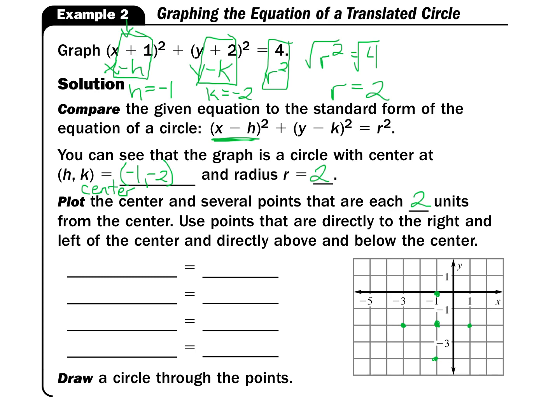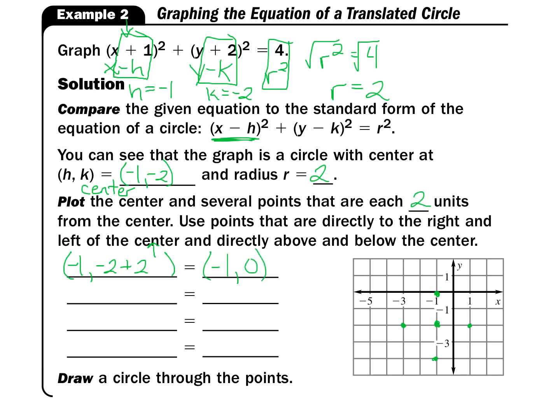We just take our original point, negative 1 comma negative 2, plus 2. That gives us our point up, negative 1 comma 0, which is exactly where we plotted it.